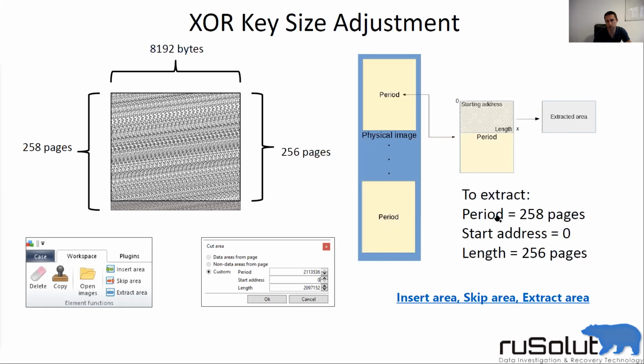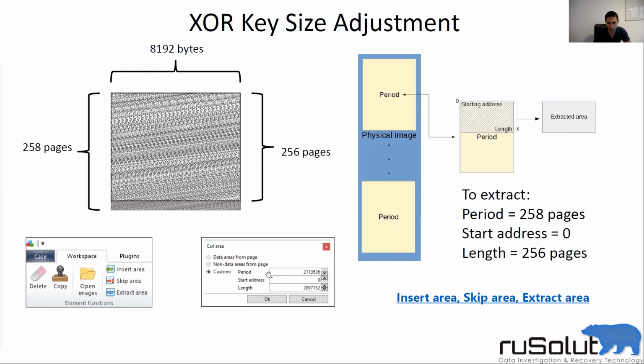That's why the period will be the full size of the XOR key, 258 pages. Then the address where we start extraction is 0, because we want to extract from 0. And then the length is 256 pages, because we want to extract this number of pages.